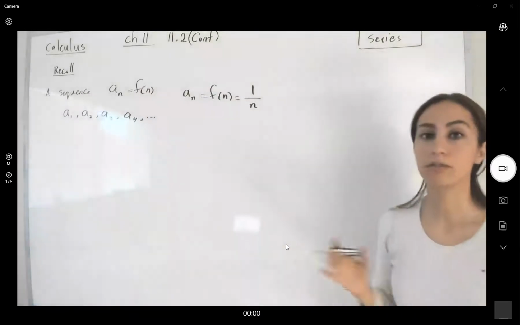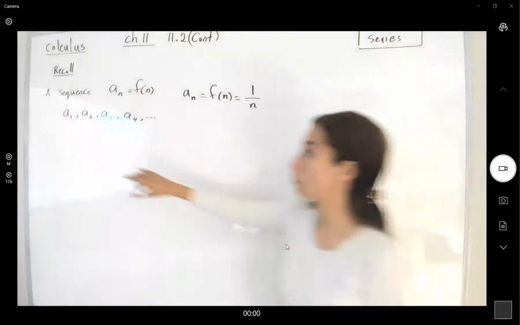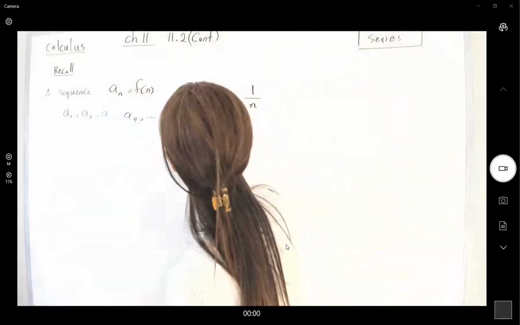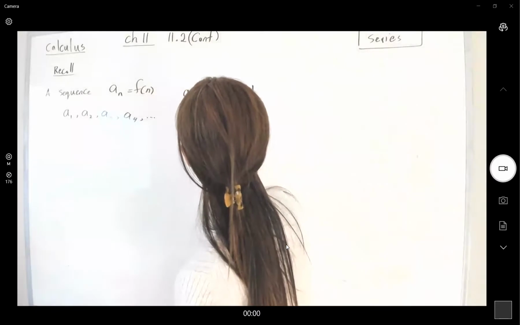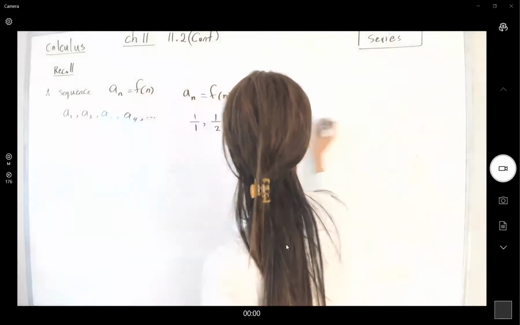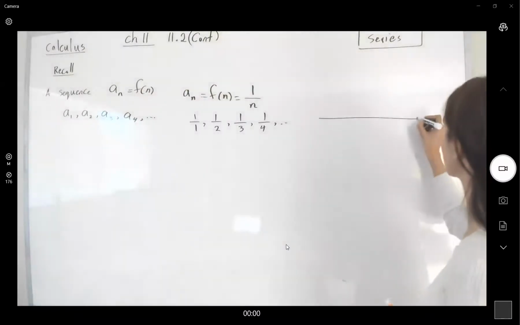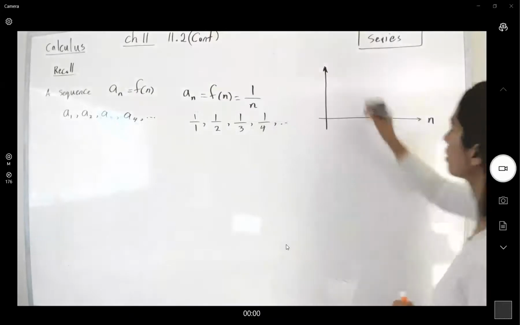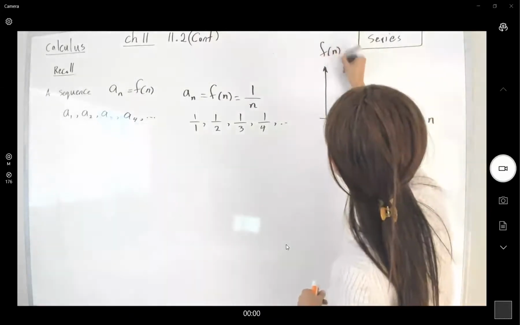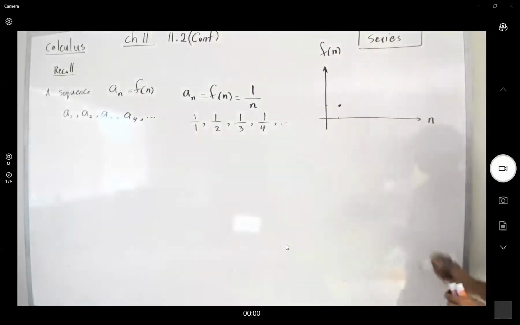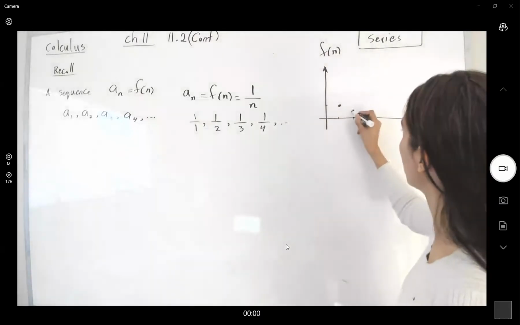We can plug in different values for n and find the terms of the sequence: 1 over 1, 1 over 2, 1 over 3, 1 over 4, and so on. And we can visualize the graph as n gets larger and larger. So at 1, you have 1. This is a sub 1. At 2, you have a half.